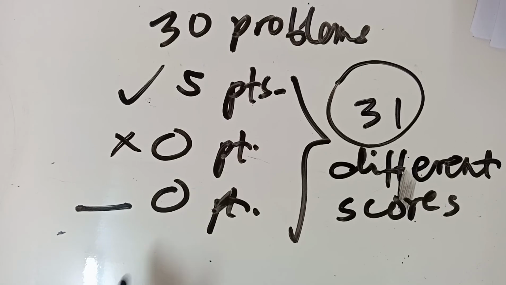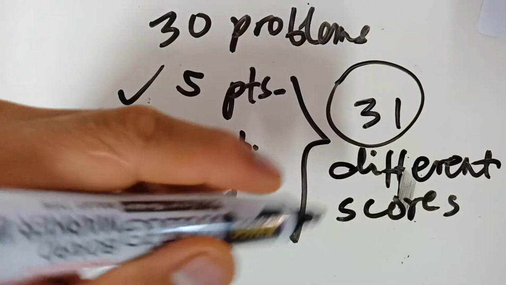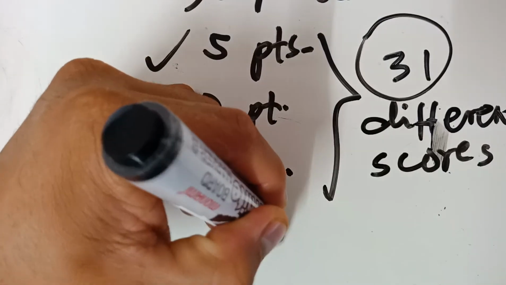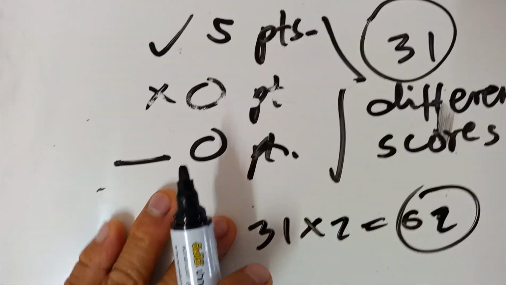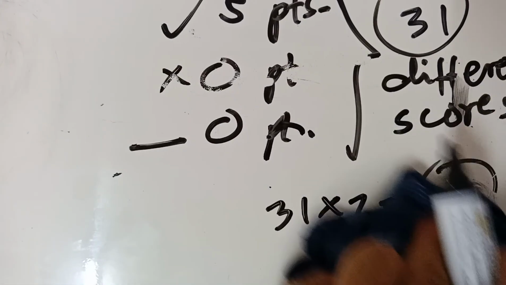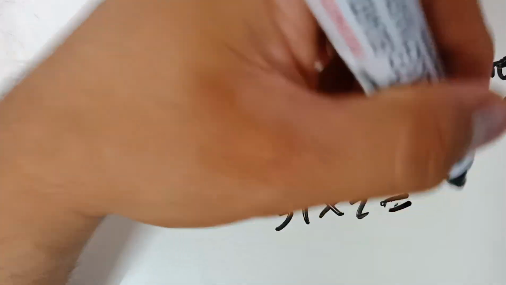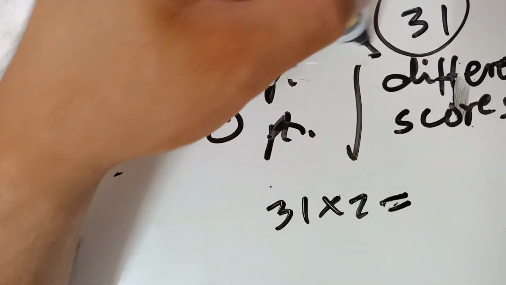I mean, 2 students will have the same score. From the 31, another 31. So that would be the worst case scenario. If you double 31, so that is 31 times 2, you will get 62. If you have 62 students, you can be certain that at least two of the students have the same score.